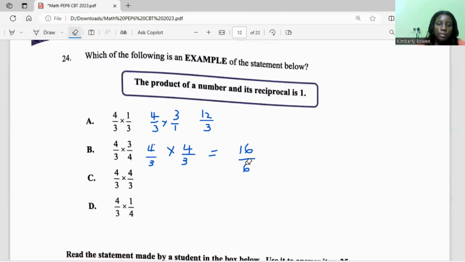That should be 9. Let's give me the answer. You're going to get 12/12. And if you have 12 divided by 12, that is 1. The answer is C.